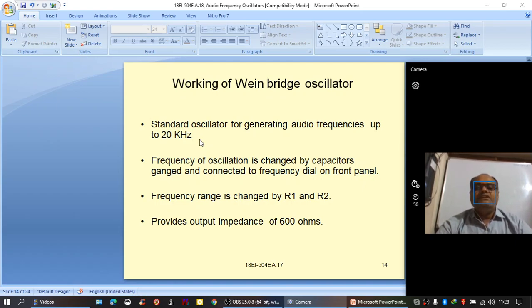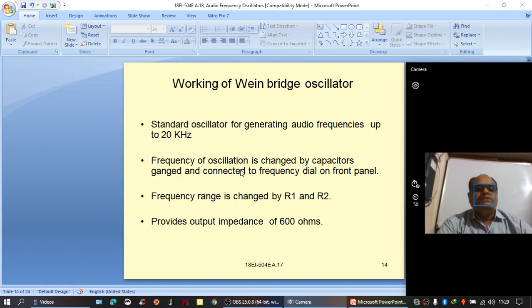Then frequency of oscillation is changed by capacitors ganged and connected to frequency dial on the front panel. The capacitors C1 and C2 are connected to the dial on the front panel.